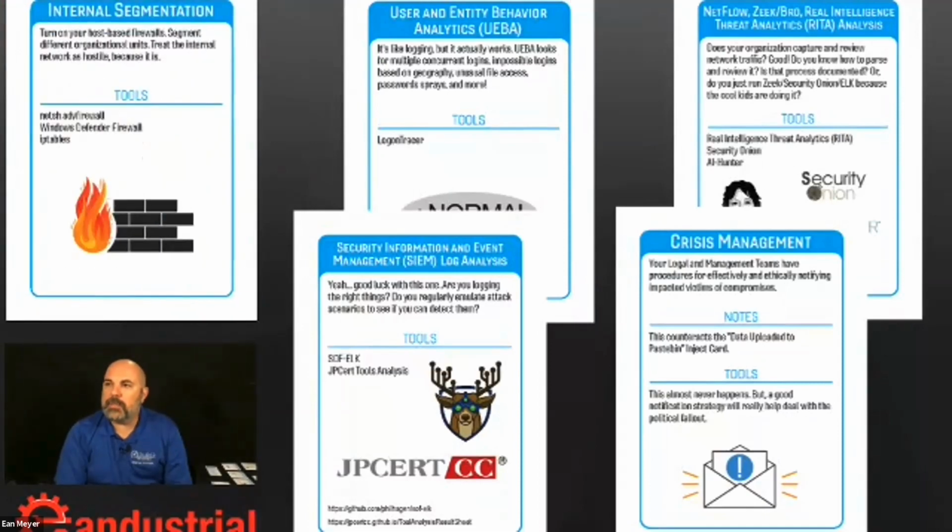So internal segmentation: turn on your host-based firewalls, segment different organizational units, treat the internal network as hostile, because it is. Yeah, you've got an insider threat. You are trying to figure out how to stop them. I mentioned internal tools. That card does seem like maybe that could be a good move. But again, you're the team that has to make the call.